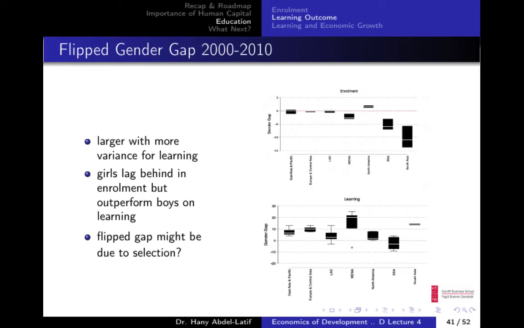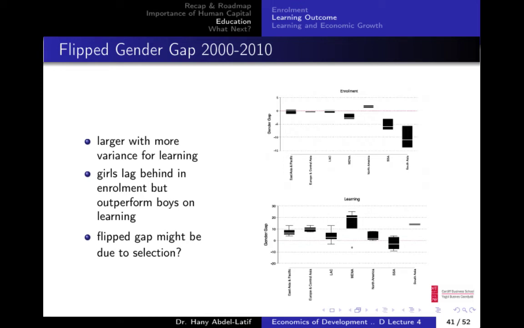Maybe not this one, but if you look at the MENA region, for example, it is positive. Latin America is positive, Europe and Central Asia is positive, East Asia and Pacific is positive. So it's a positive gap in favor of girls.